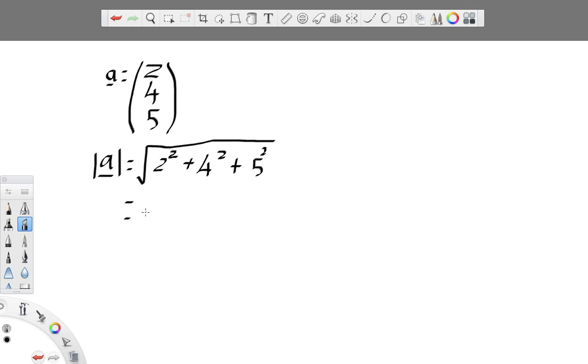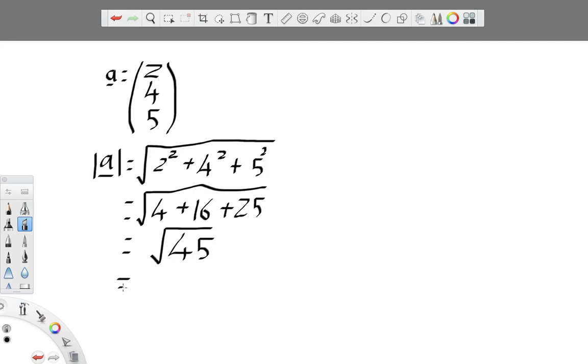So that will be 4 plus 16 plus 25, all square rooted. So that will be 45, I make it. So it's the square root of 45.